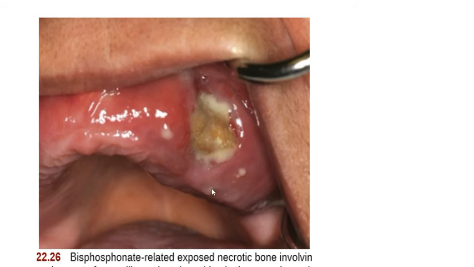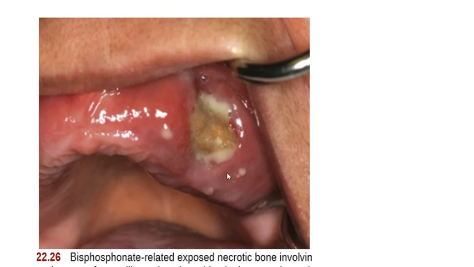This patient undergoes bisphosphonate therapy and simultaneous extraction of the upper tooth root, which causes delayed healing of the lesion.